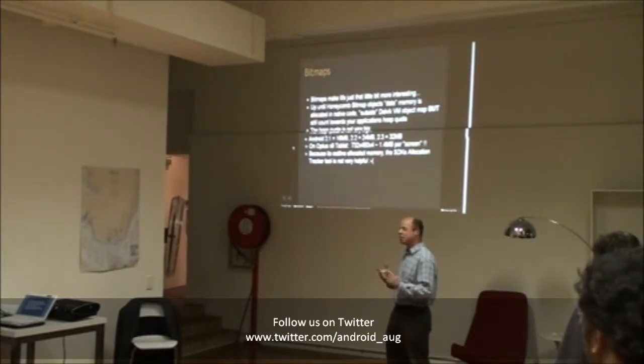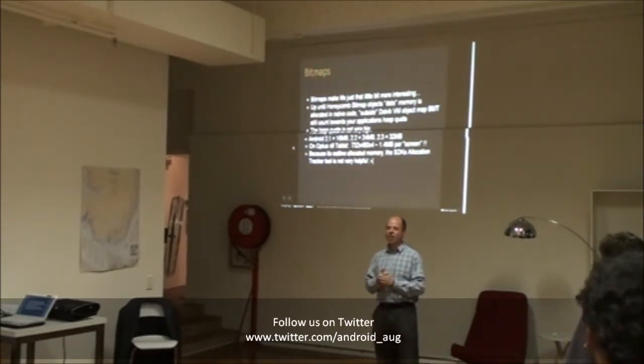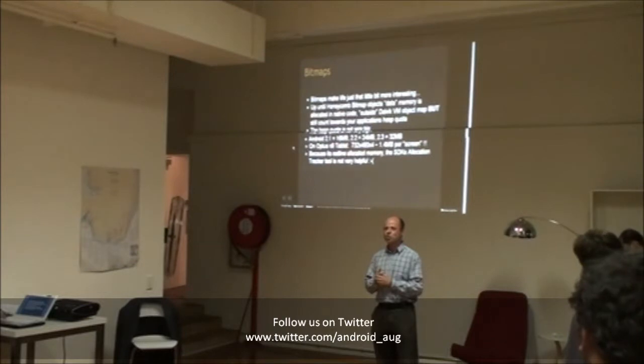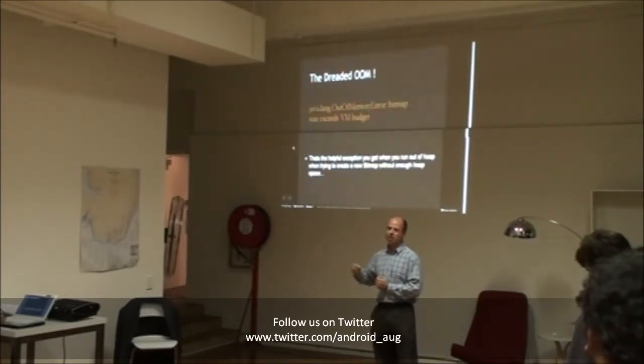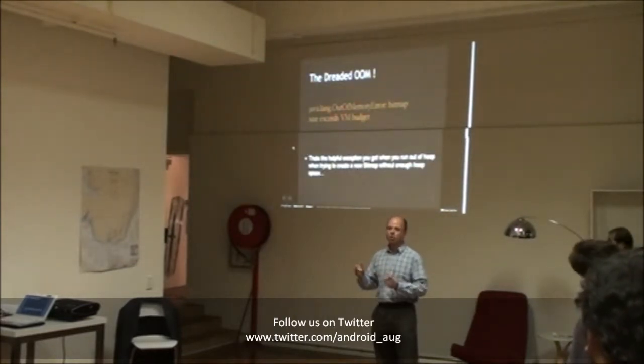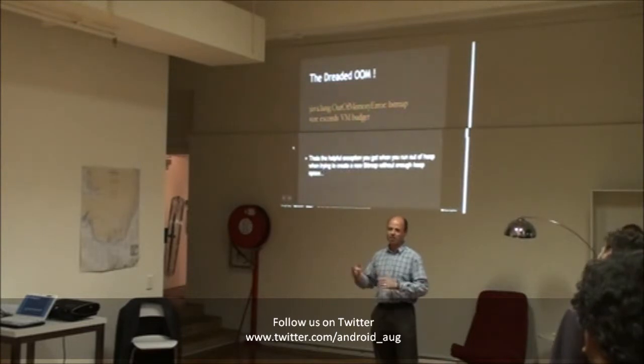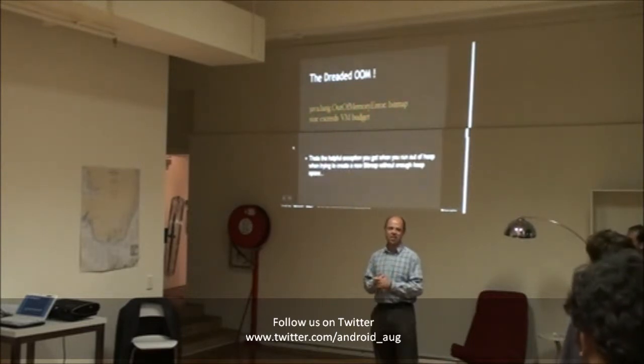Now, the problem is that there's a wonderful allocation tracker tool that comes with the SDK, and there's a nice GUI for it in Eclipse, but it's not really much use because this memory is natively allocated, so it's not tracked by the Dalvik VM, and hence you're not going to see it in the tracker tool.